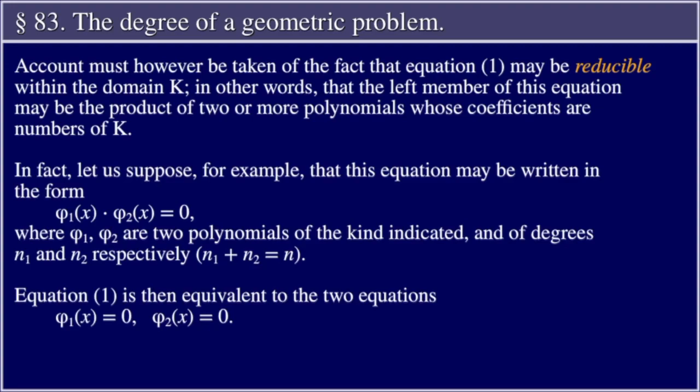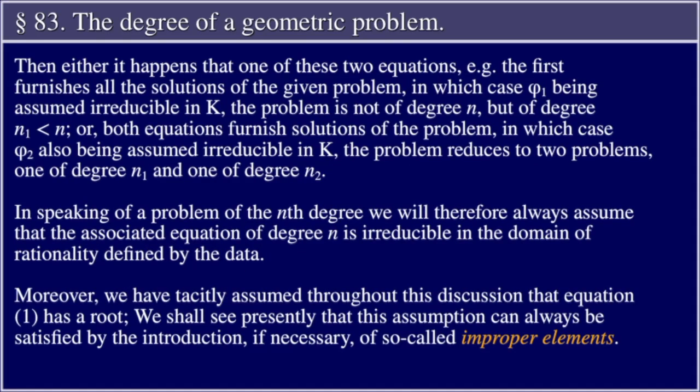Equation 1 is then equivalent to the two equations phi1(x) = 0, phi2(x) = 0. Then either it happens that one of these equations, for example the first, furnishes all the solutions of the given problem, in which case phi1 being assumed irreducible in K, the problem is not of degree n, but of degree n1 less than n.